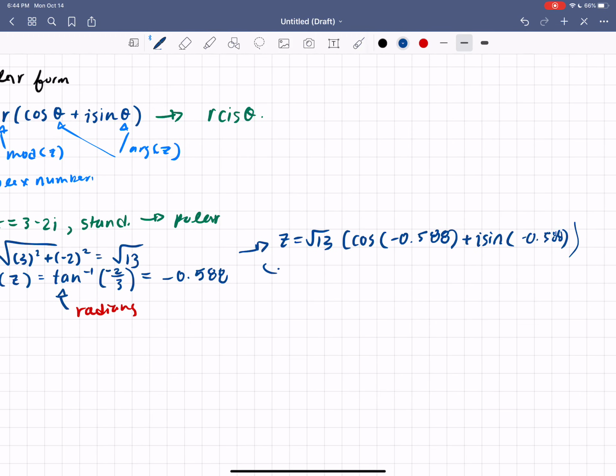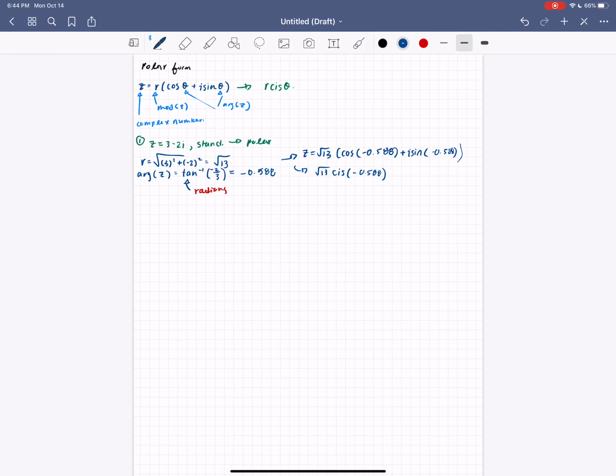And in shorthand notation, that would be square root 13 cis, and then your argument, which in this case is negative 0.588. So that's how you do a polar form conversion.